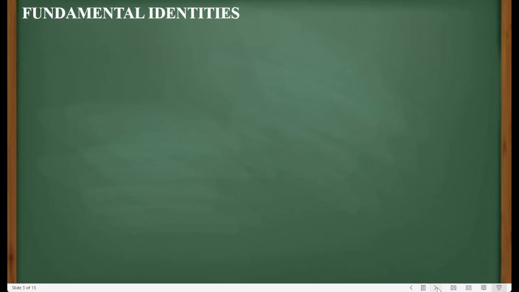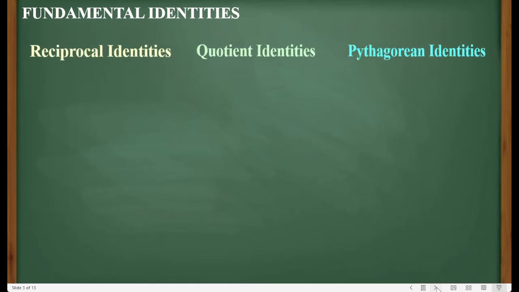Now, for our next slide, let us consider these so-called identities. These identities are grouped according to the following sets. The first one is reciprocal identities. Second, we have the quotient identities, and the third one is the Pythagorean identities.